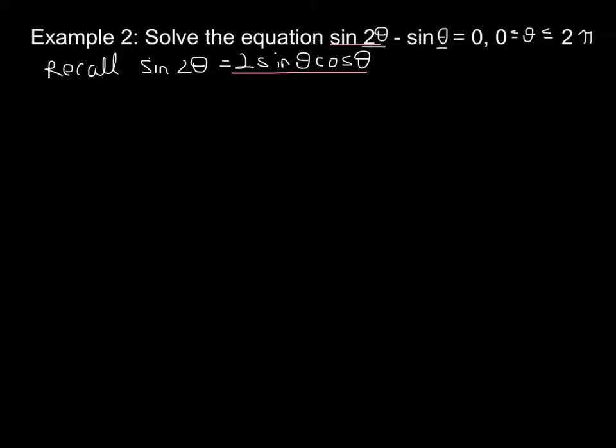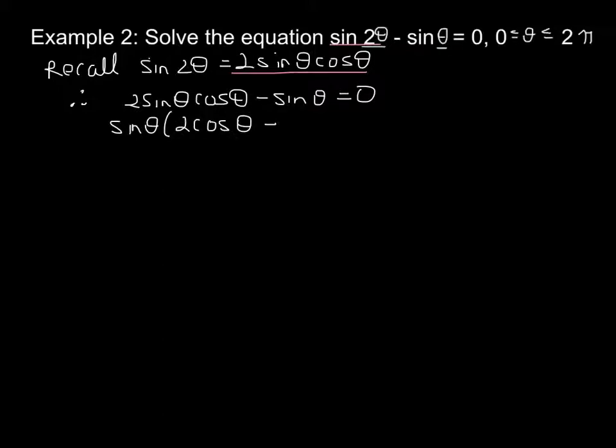So what I have now is 2 sine theta cos theta minus sine theta equals 0. Now I've got everything that just has theta in it. Looks like I can do a little bit of factoring here, which might work out nicely. So I can factor out the sine theta. When I pull that out, I get 2 cos theta minus 1, and this is set equal to 0.